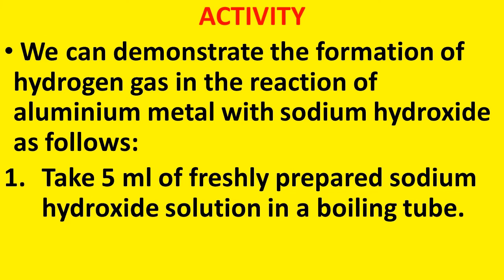So, the purpose of performing this activity is to show that the gas formed in the reaction between aluminium metal and sodium hydroxide is hydrogen gas. And for that, what do we need to take? We have to take the freshly prepared sodium hydroxide solution in a boiling tube. Here boiling tube means a little bit bigger test tube.